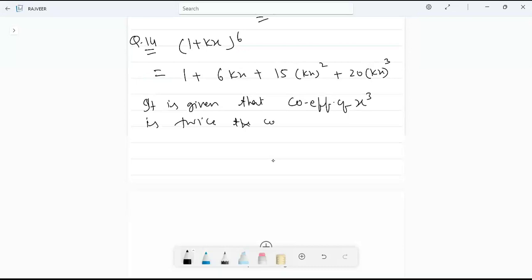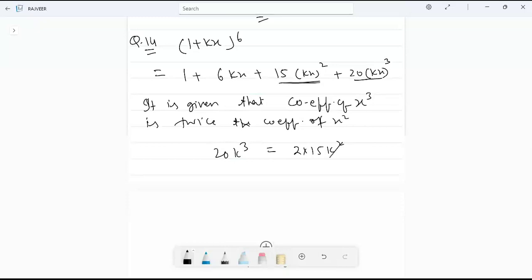That means 20k cube is equal to 2 times 15k square. What is the coefficient of x square? It is 15, 15k square. And in the second case, 20k cube. Yeah, k cannot be 0.